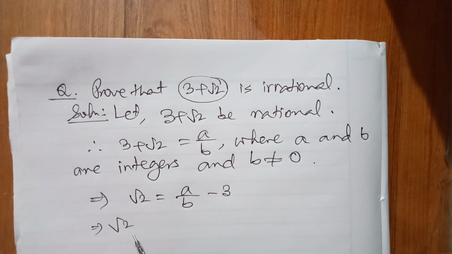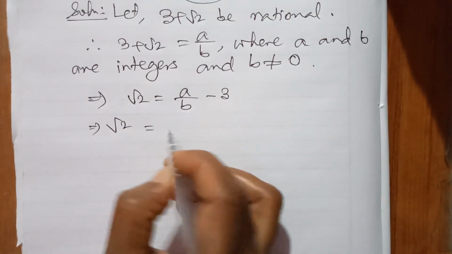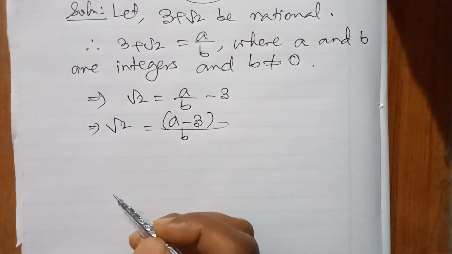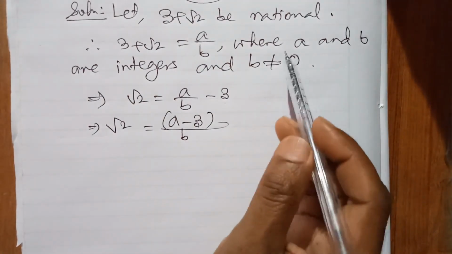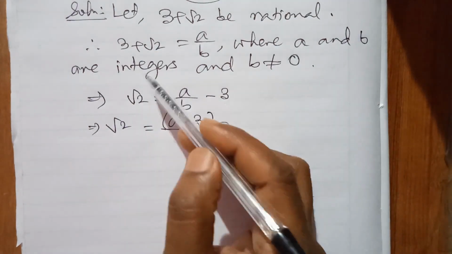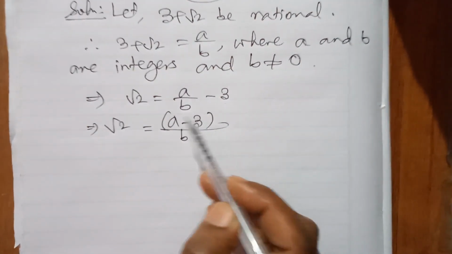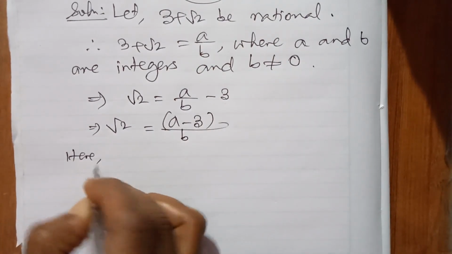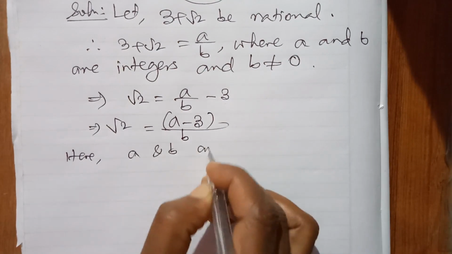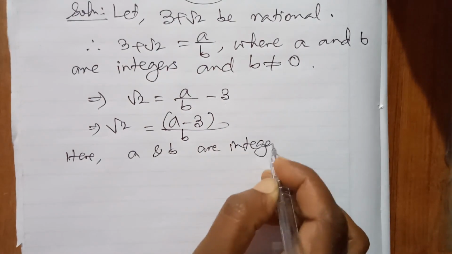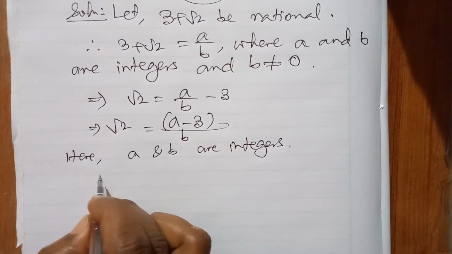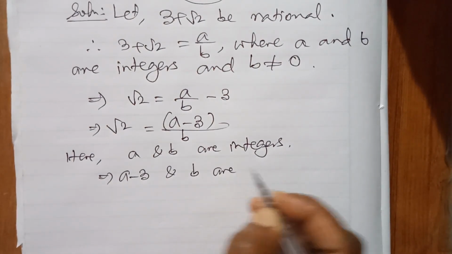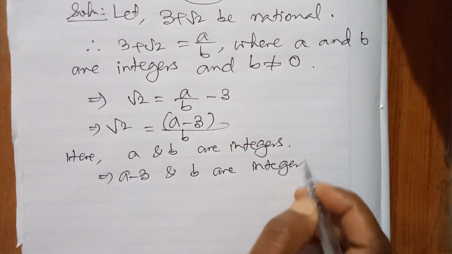This implies root 2 equals a minus 3 by b. So here a and b are integers, so a minus 3 is also an integer, and b is also an integer, so this is a rational number. Here a and b are integers, so this implies a minus 3 and b are integers.